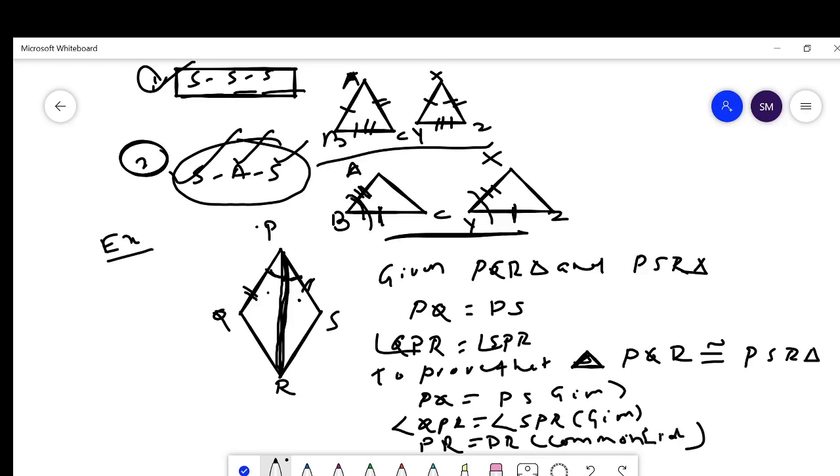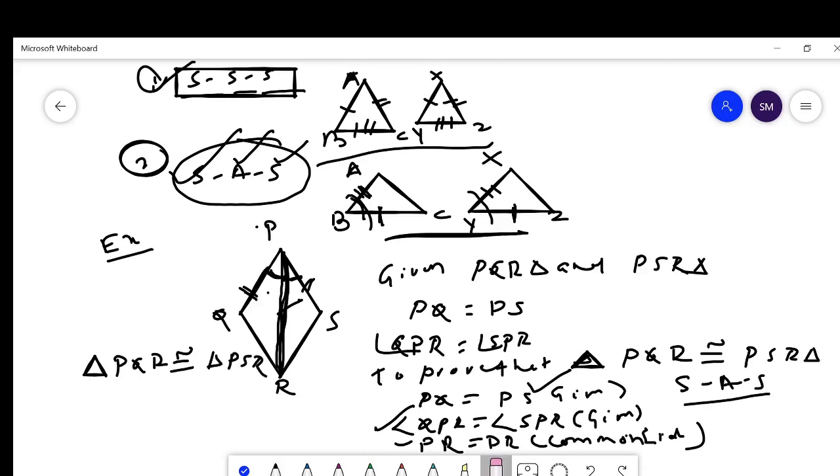Then by side angle side, by SAS property, these two triangles are said to be congruent. Then by SAS property, triangle PQR is congruent with triangle PSR.